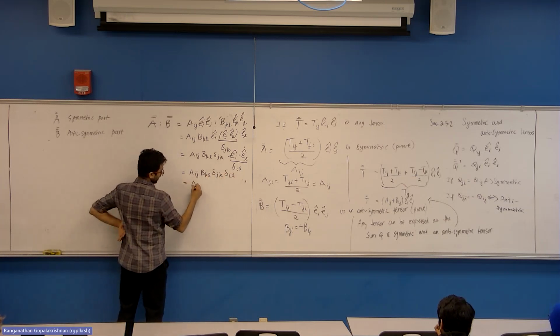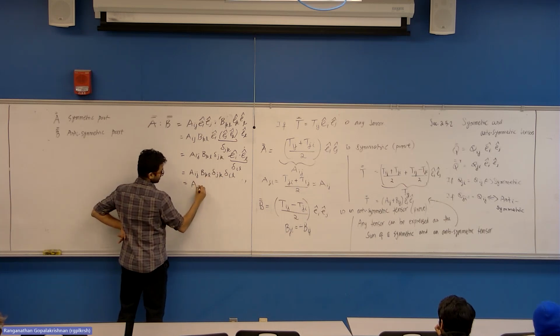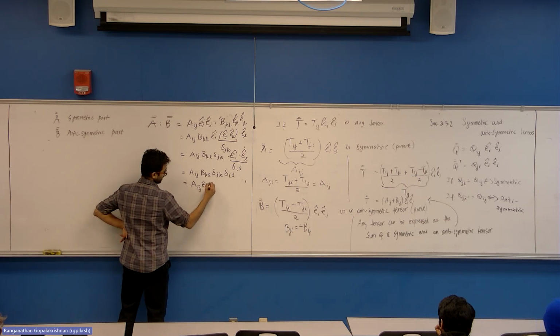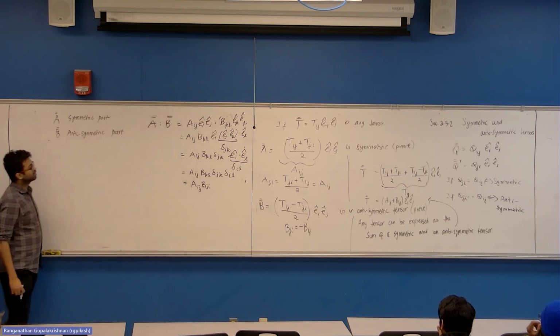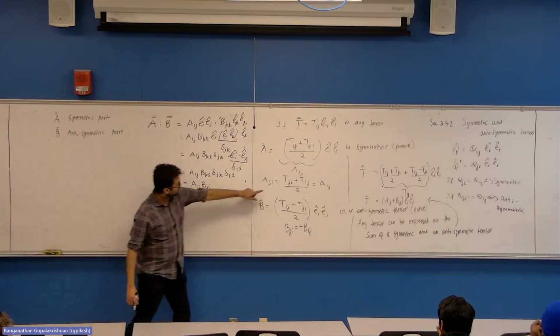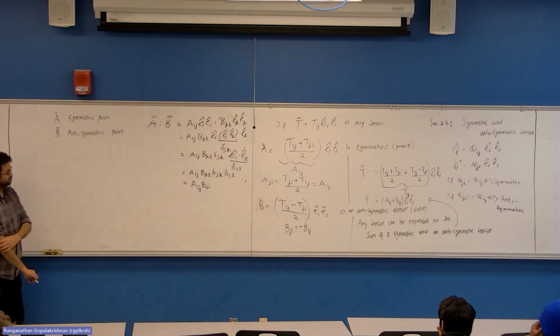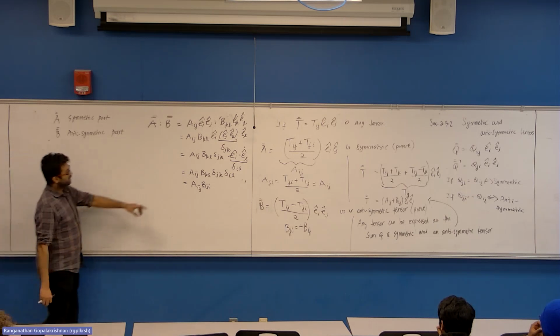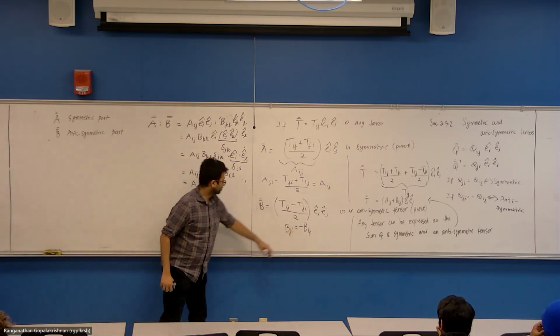I'll replace L with I and K with J: Aij Bji. Can you compute what is Aij Bji, knowing Aij is right here and Bji is right here? What is Bji? Minus Bij.